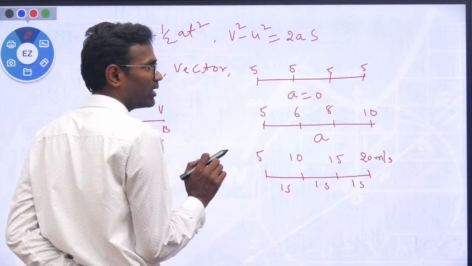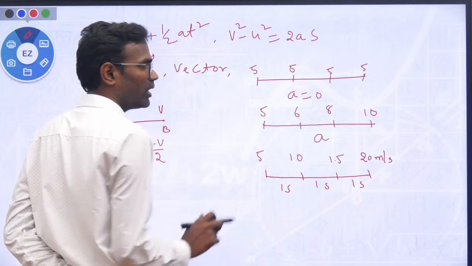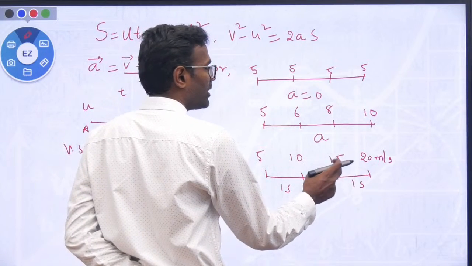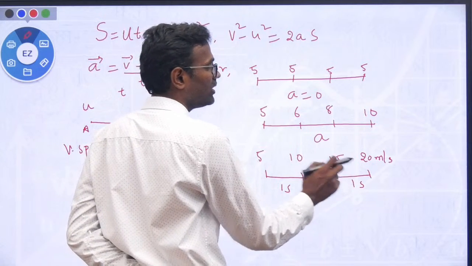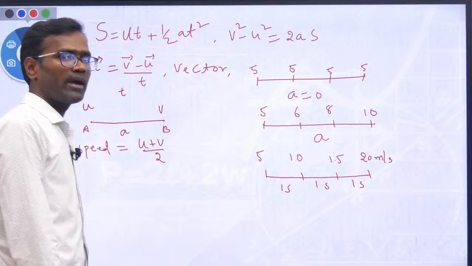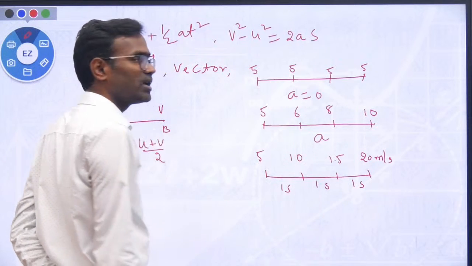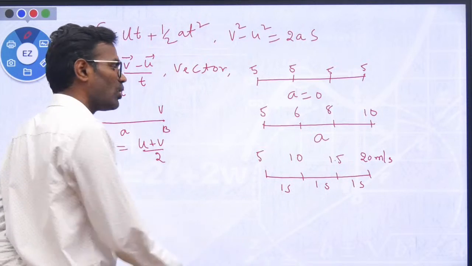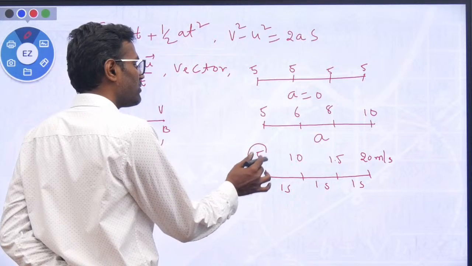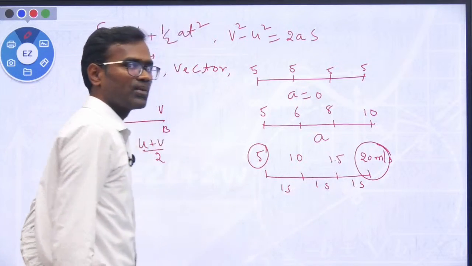Here the acceleration is (10 minus 5) by 1, which is 5. Then (15 minus 10) by 1, then (20 minus 15) by 1. It is the same acceleration. So if the body is moving with uniform acceleration, the velocity increases gradually. The initial velocity is 5 and the final velocity is 20.